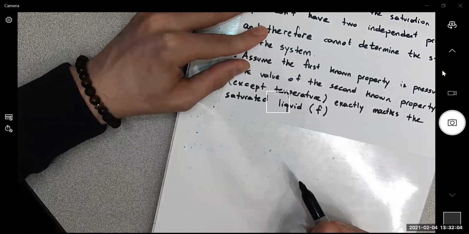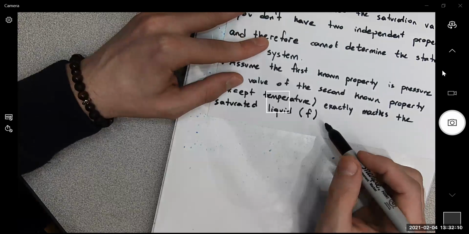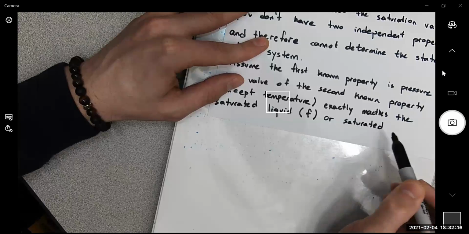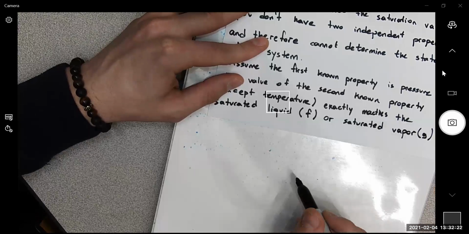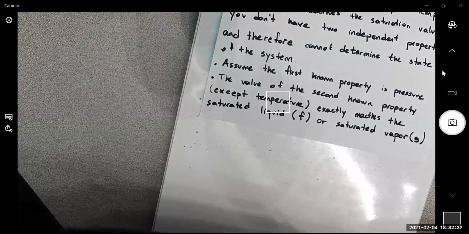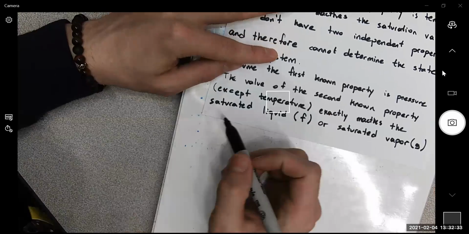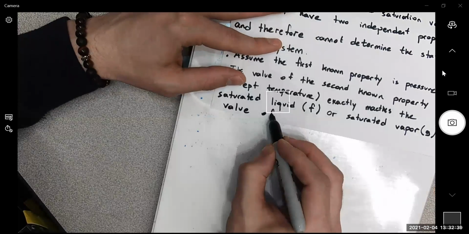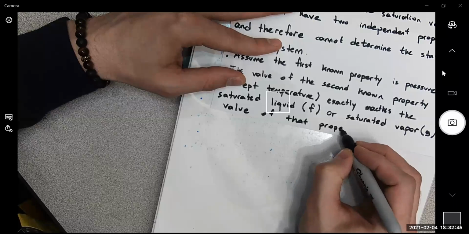It is shown as f, for fluid, on the table. For saturated vapor, g stands for gas. Value of that property.